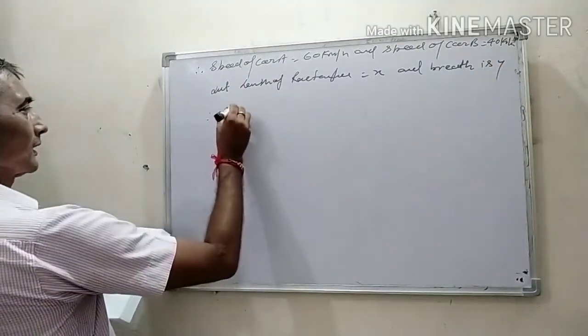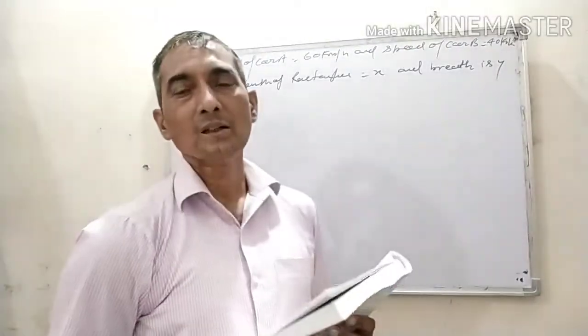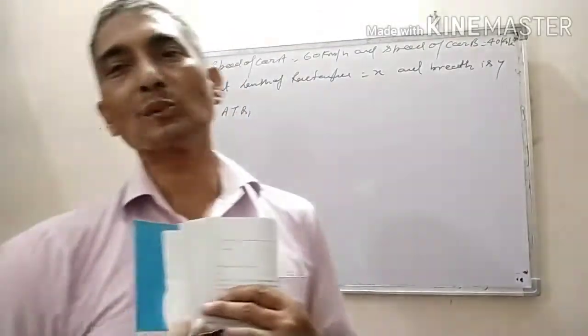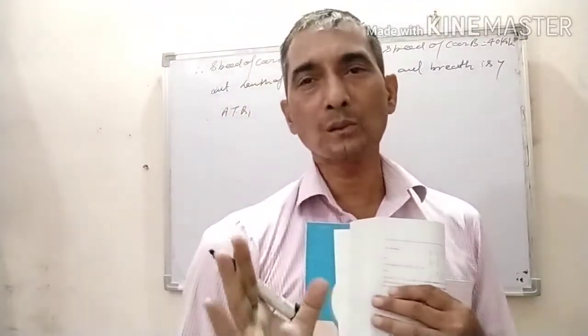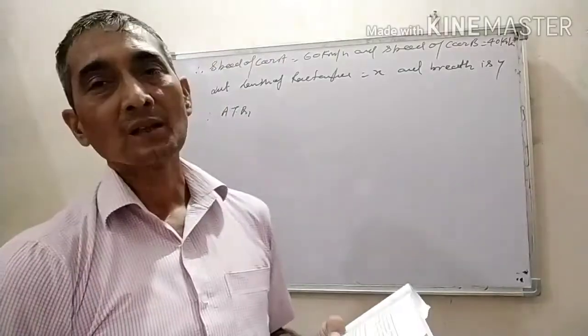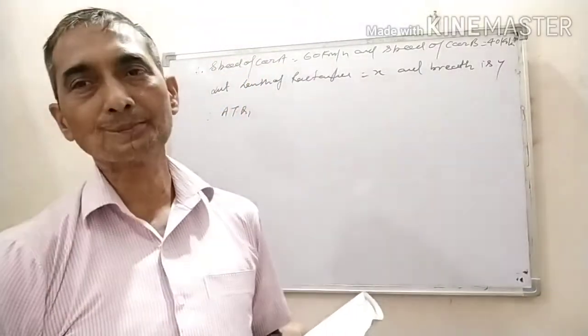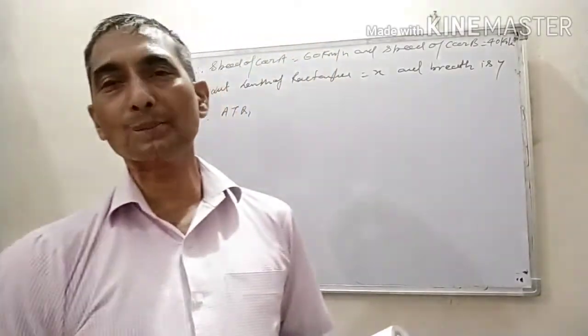Therefore, ATQ1. Try to understand. Area of rectangle is equal to x into y. According to the first condition of the question, length is reduced by 5 units, that means x minus 5. And breadth increased by 3 units, that means y plus 3.